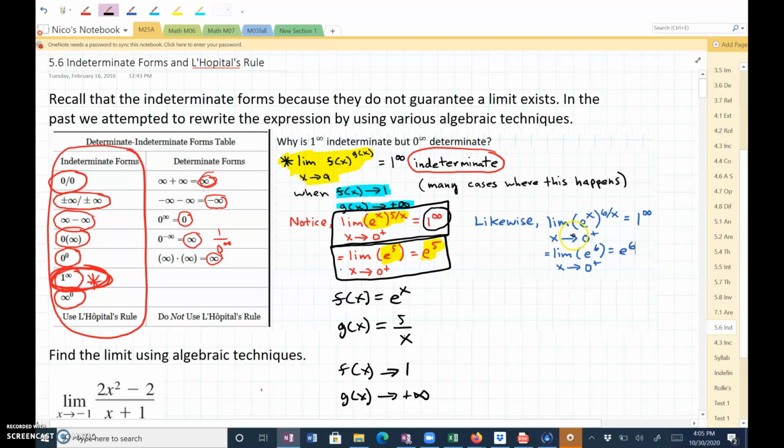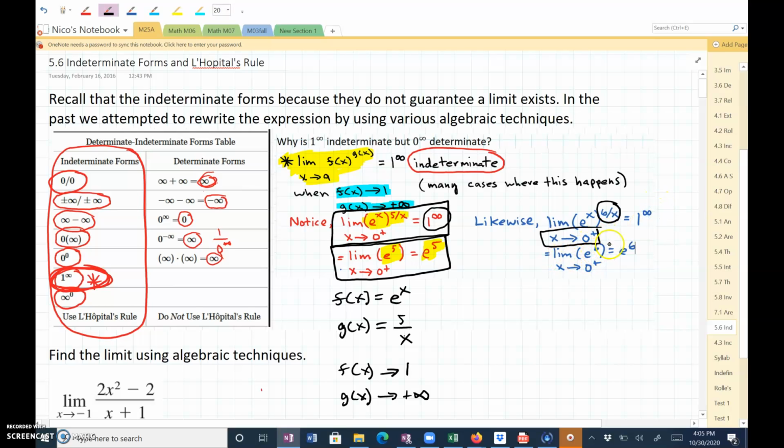Very similar problem here. This problem is exactly the same as the other one. The only difference is I changed the power. I made it 6 over x. Again, when we evaluate this limit as x goes to 0 coming from the right, e to the x would be 1, and 6 over a very, very small number approaching 0 would be infinity.